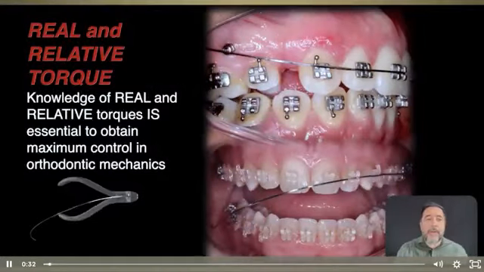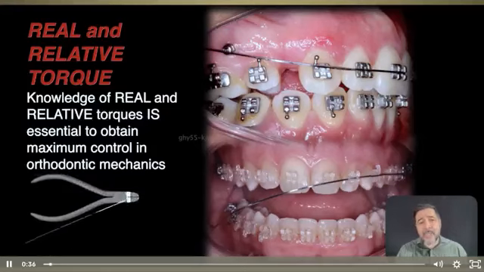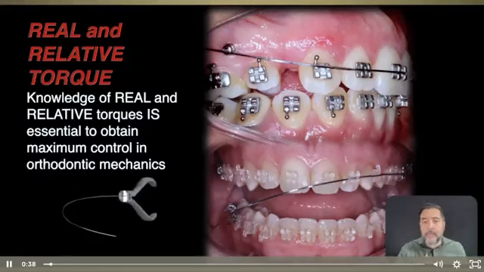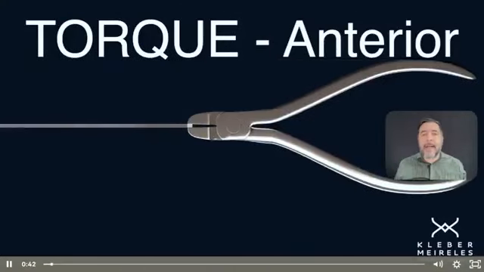The real and relative torque. Knowledge of real and relative torque is essential to obtain maximum control in orthodontic mechanics. Why is that? Because when I know how to apply and how to assess the real torque, I can manage to achieve what I want in relation to inclination of both anterior and posterior teeth, or even individual torque.